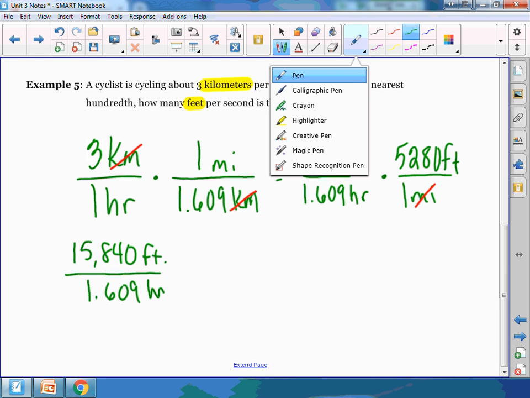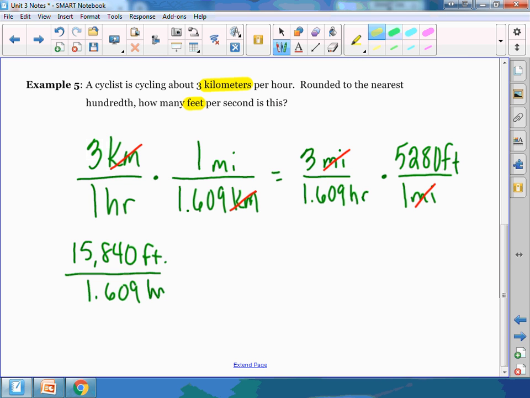So the time that we need here, we have to convert hours to seconds. So we need a conversion factor here. If you don't remember, we did talk about a conversion between how many seconds there were in an hour. And if you don't remember that, you could always convert the hours into minutes and then minutes into seconds. Max?